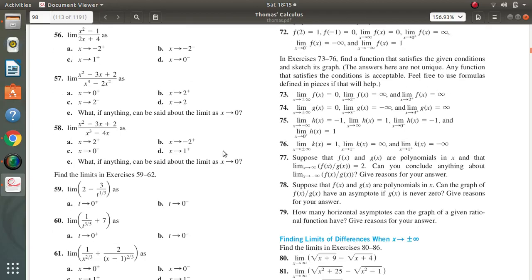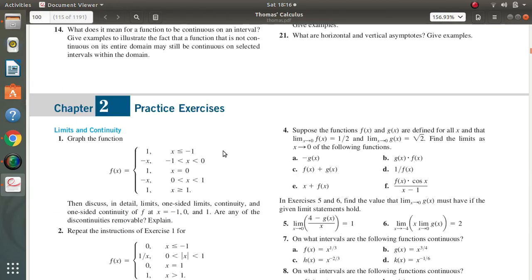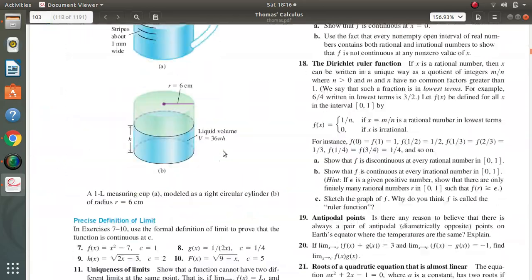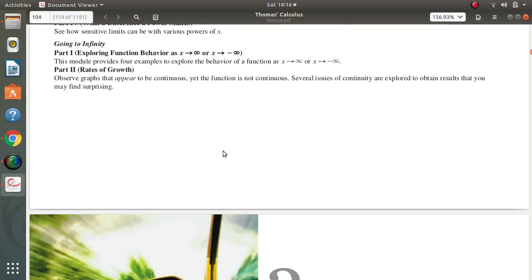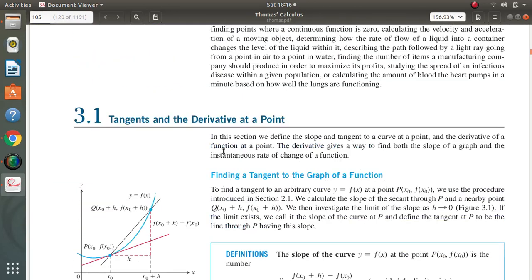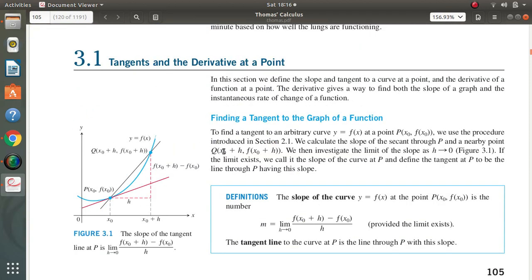Now next, there's a homework for you, limit 1, okay? Derivatives now. So tangents and derivative at a point.